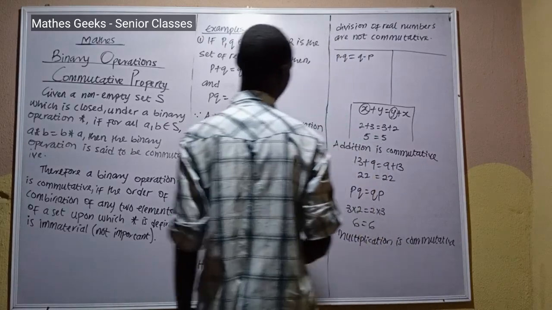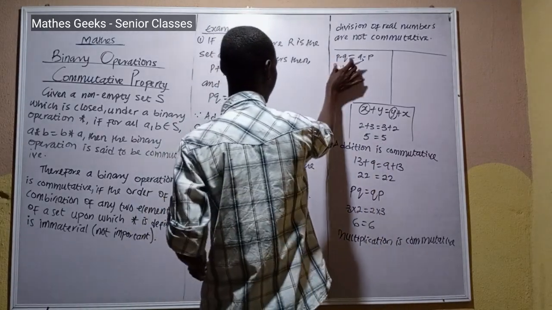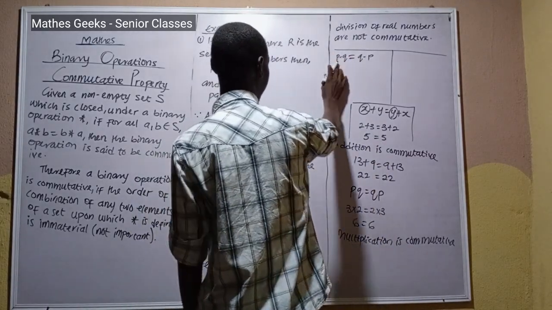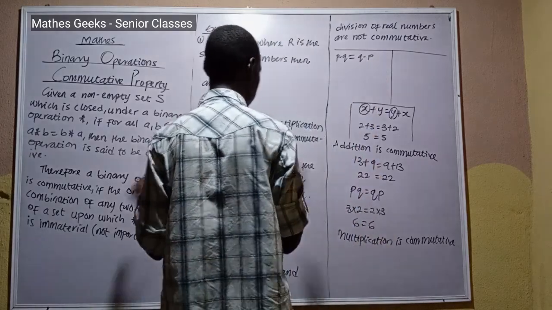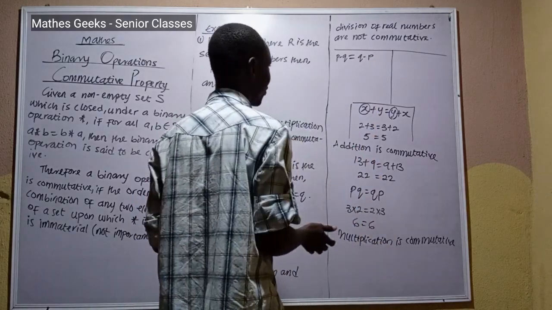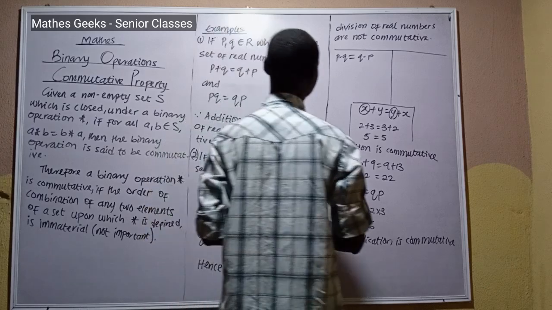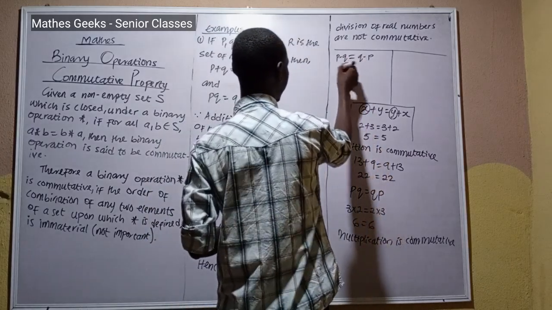On this side of the equation, P came first, and on this side Q came first. So let's see if we change the order, whether it matters. Let's try 3 and 2.